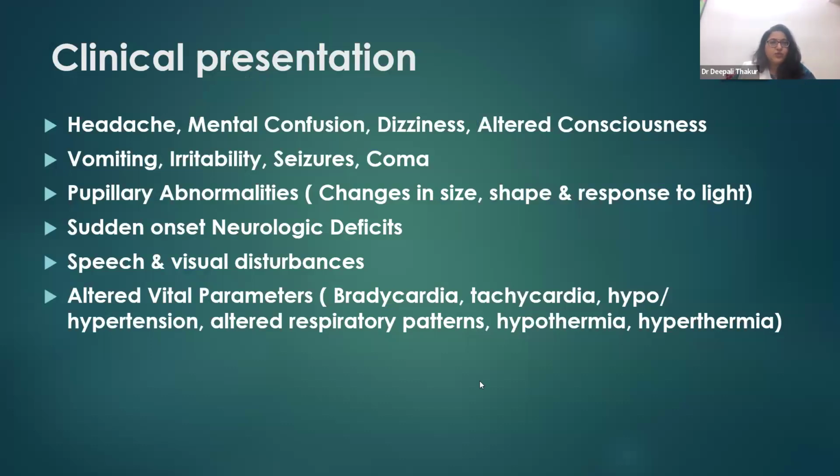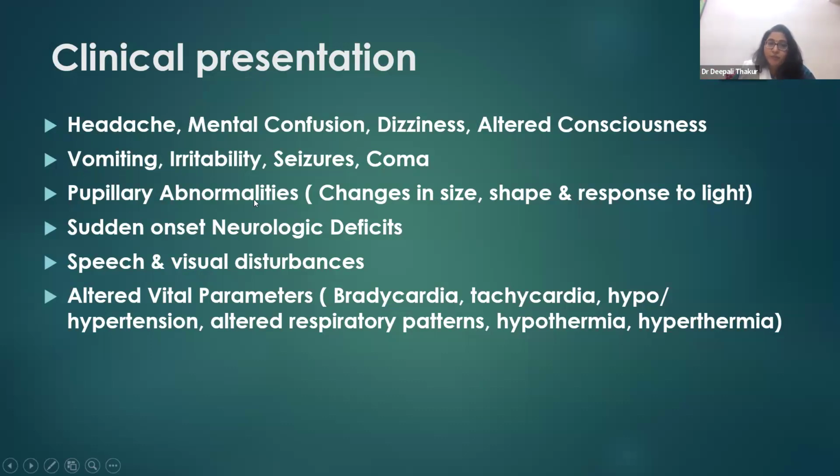How do they present? The clinical presentation may range from simple headache, mental confusion, dizziness, altered level of consciousness. Depending upon the impact and the site of the brain involved, the presentation may differ. Then there may be vomiting, irritability, and it may progress to coma if the ICP rises.